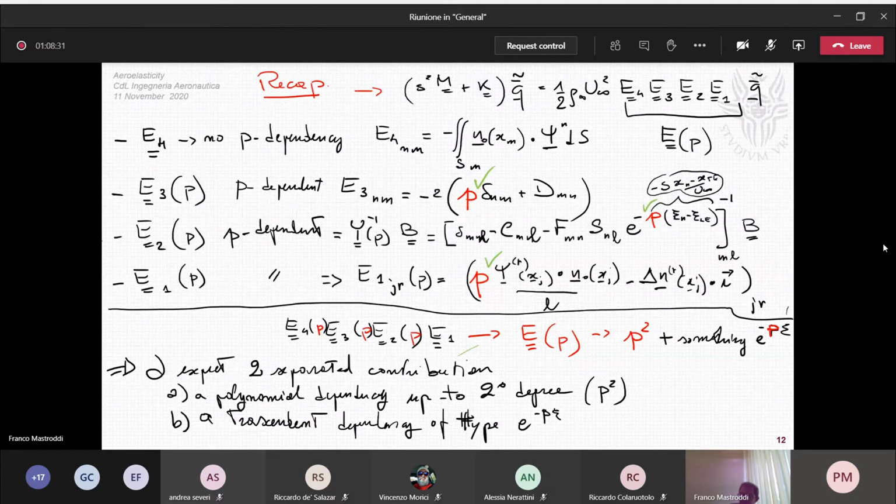It means that we expect mass, damping, stiffness equivalent effect. Are you in agreement with this?